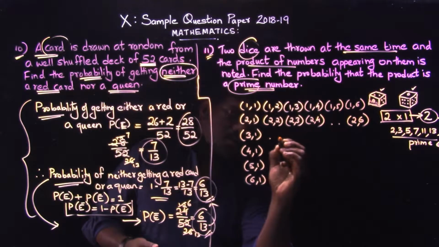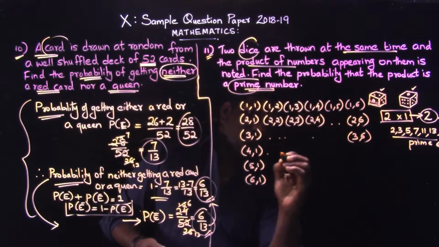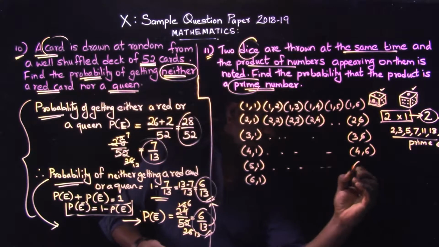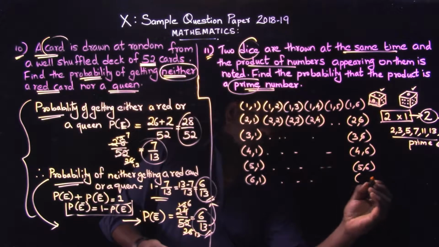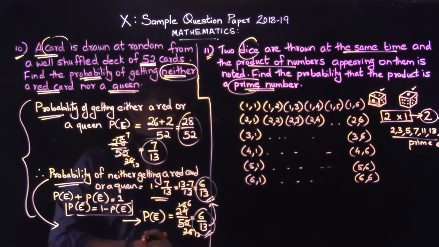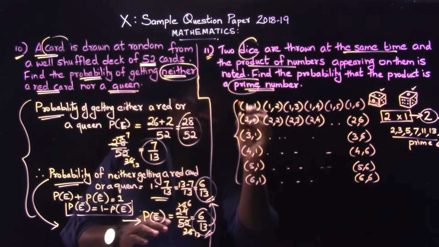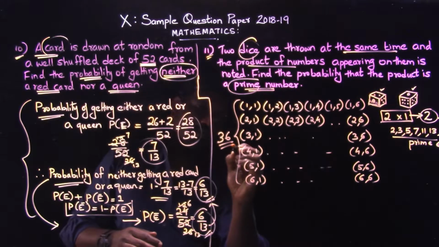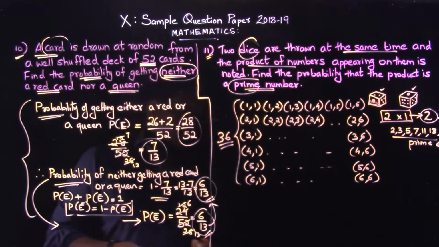As it goes on and on, it goes till 3, 6. You have 4 and 6, you have 5 and 6, and 6 and 6 is the last one. So altogether, how many total outcomes are there? 36. You can check, 6 into 6 is 36.